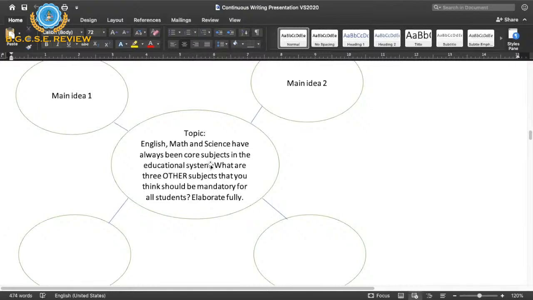We have the mandatory. Very good. Why are they mandatory? Why English, math, and science? Someone says that it's 4 times a week. They're needed to graduate. It's mandatory. They're subjects to help us get our dream jobs. They're normally 3 times a week and needed to graduate.